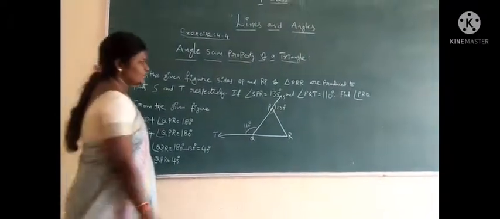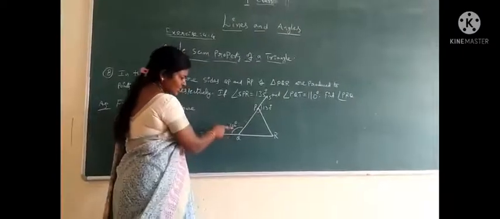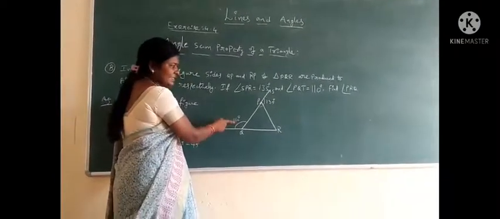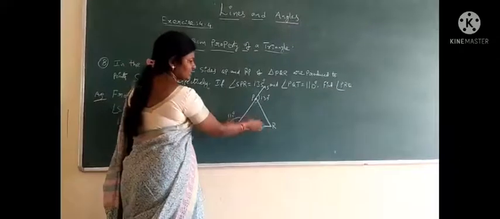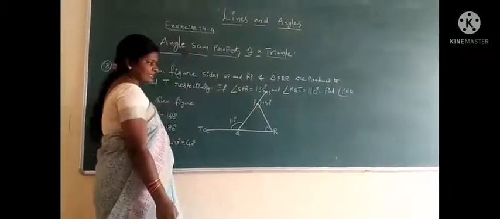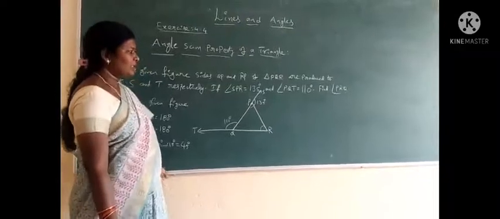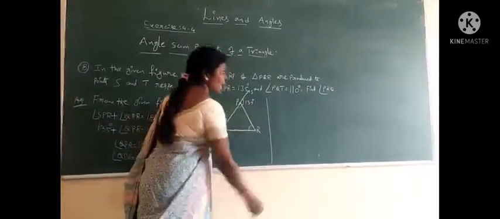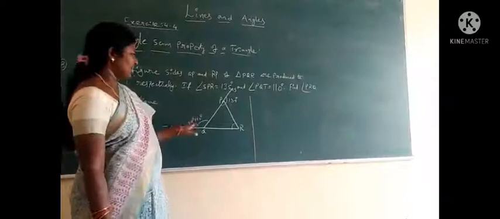Next, observe this figure. This angle is the exterior angle. These two angles are interior angles. We know the angle property of a triangle.